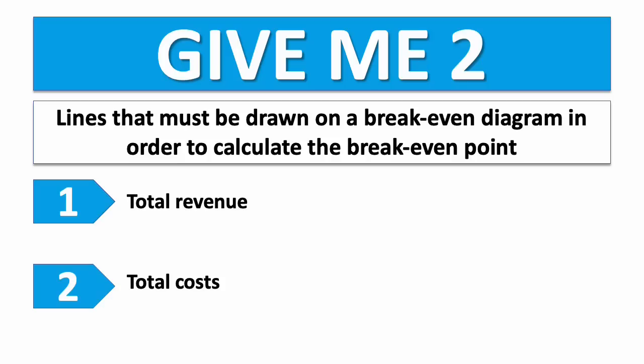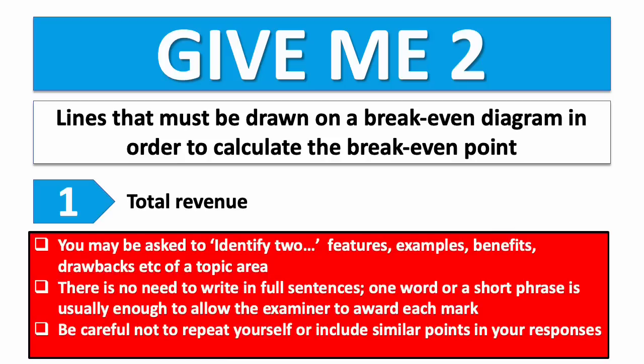So the reason why I've given you a couple of these activities to complete is that in section A, you may be asked to identify 2 features or examples or benefits or drawbacks of a particular topic area. There weren't any of that type of questions this time in section A for paper 1, but that doesn't mean it won't happen for paper 2.